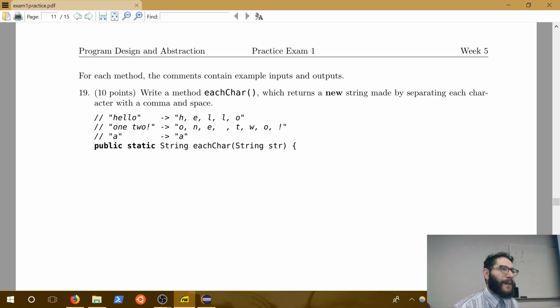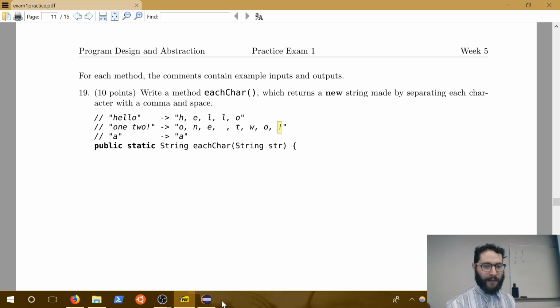It's a fence posting problem. Then you've got 1, 2, and I have the exclamation point just to show you that a character is a character. And then A, if we print out A, it will just print out A.